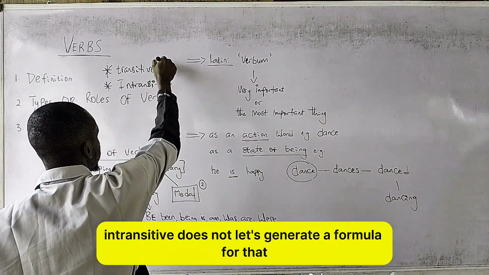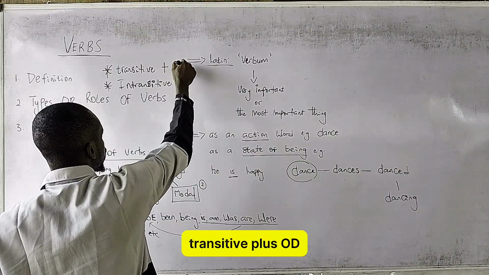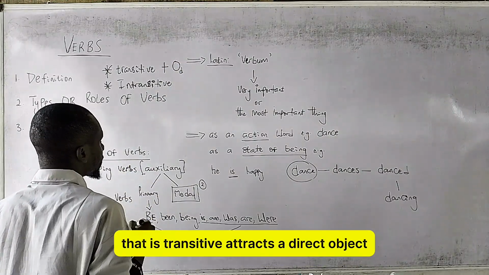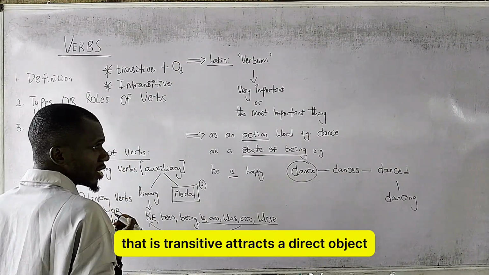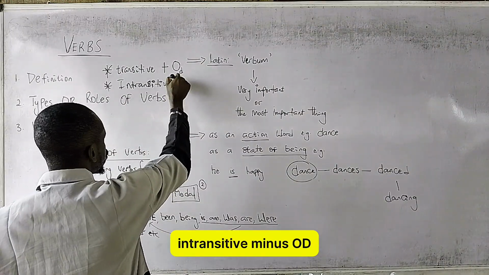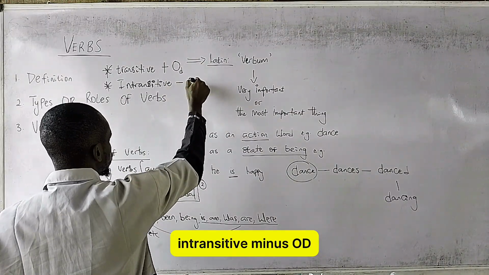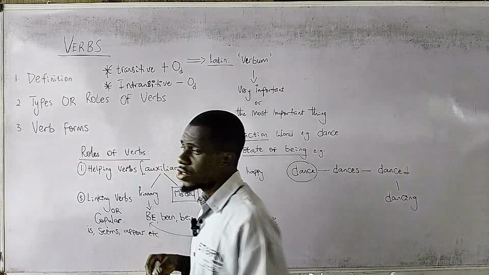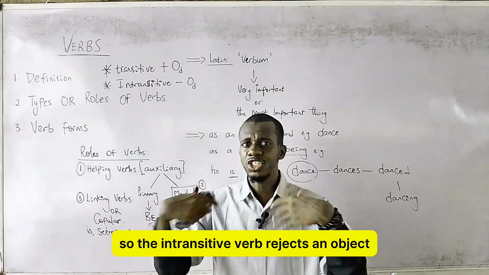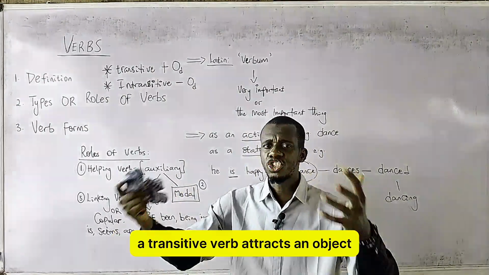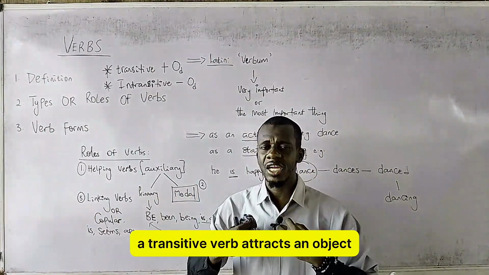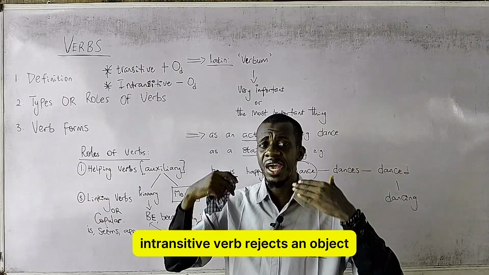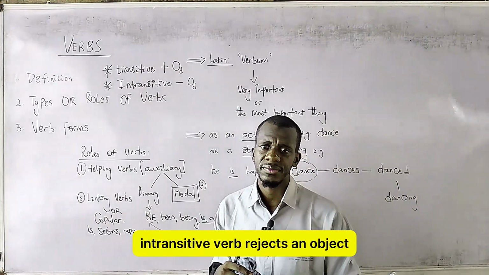Let's generate a formula for that. Transitive plus OD. That is, transitive attracts a direct object. Intransitive minus OD. So the intransitive verb rejects an object. A transitive verb attracts an object. Intransitive verb rejects an object.